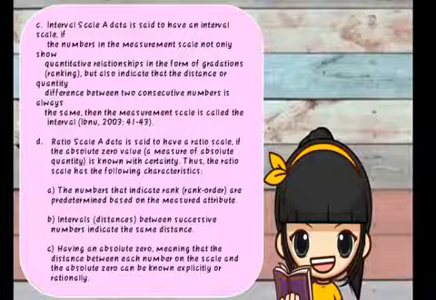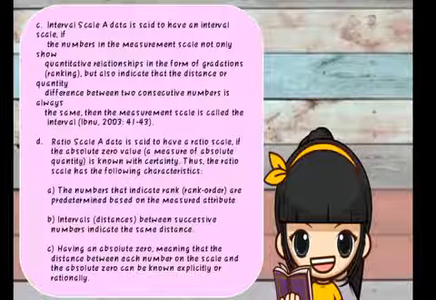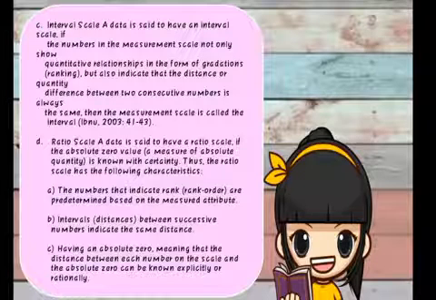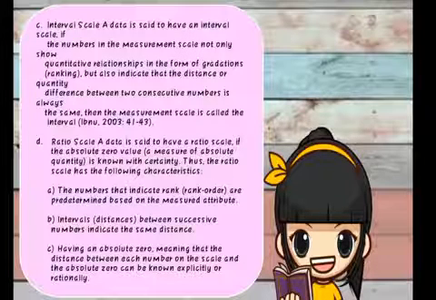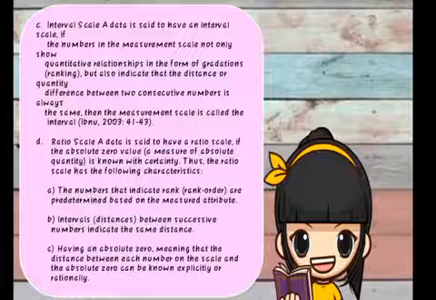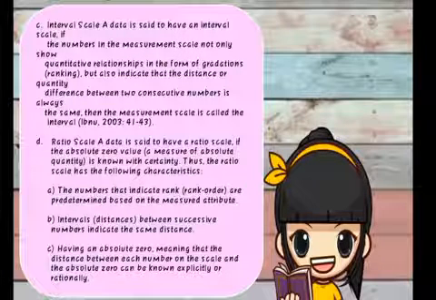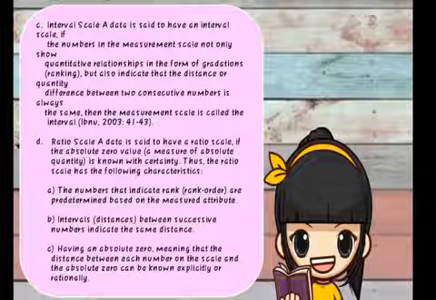Interval distance between successive numbers indicates the same distance. And the last, having an absolute zero, meaning that the distance between each number on the scale and the absolute zero can be known explicitly or rationally.